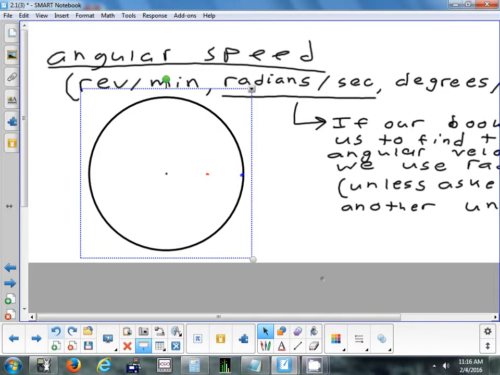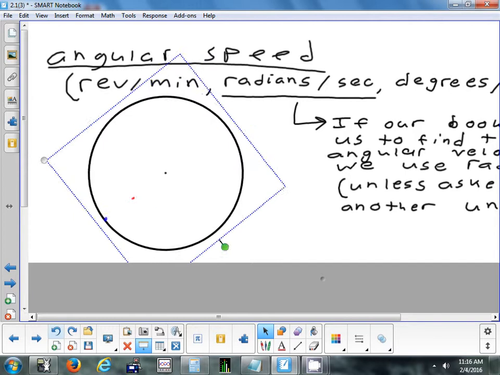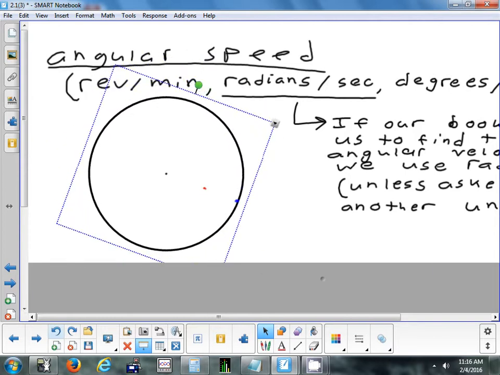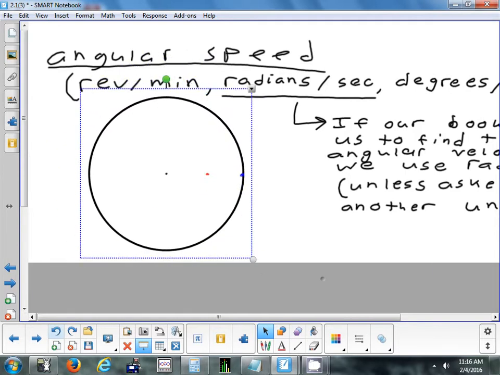We can say all these dots made one revolution every 2 seconds, which gives them a common speed. The blue one is making a bigger revolution, but we're not worried about that. It simplifies things, so that's why we use angular speed.